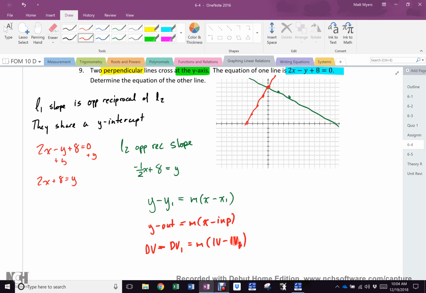Like if I'm doing one of those taxi cab questions, right? What would this be? Time. And this would be cost, right? So this would be cost minus your initial cost equals your slope, and then your time minus your initial time. Everybody understand what I'm saying? It doesn't have to be x and y if your graph isn't x and y, right?